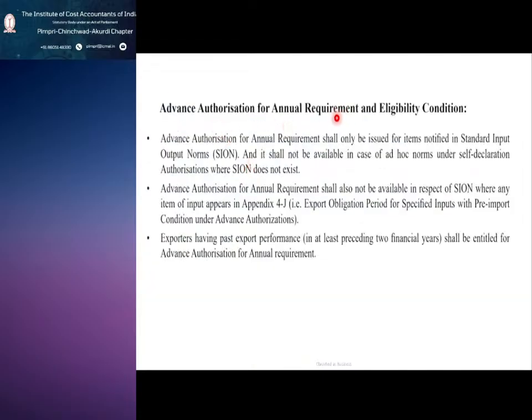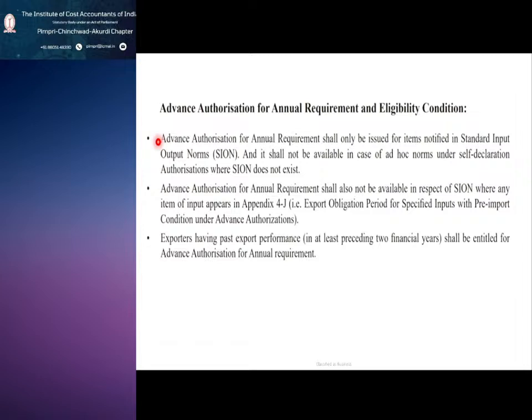Then advance authorization for annual requirement and eligibility conditions. So what are the eligibility conditions we have? The advance authorization for annual requirement shall only be issued for items notified in standard input-output norms, and it shall not be available in case of ad hoc norms under self-declaration, where SION does not exist.